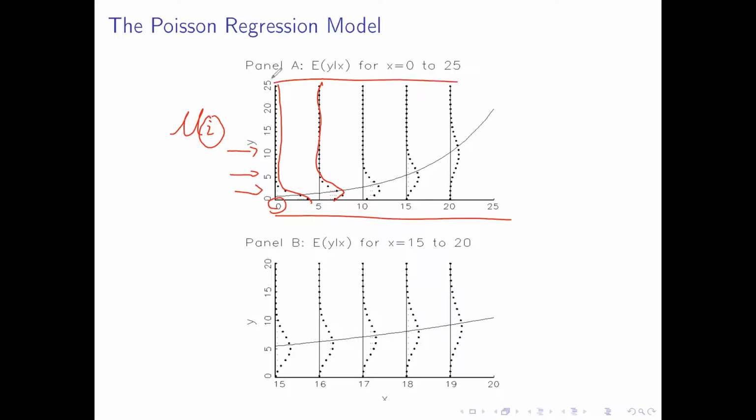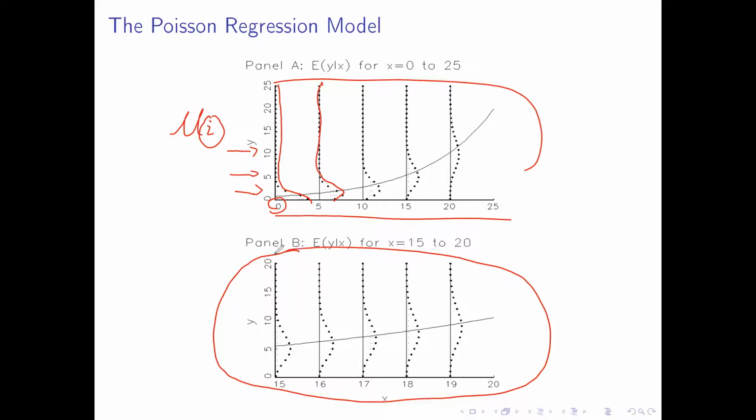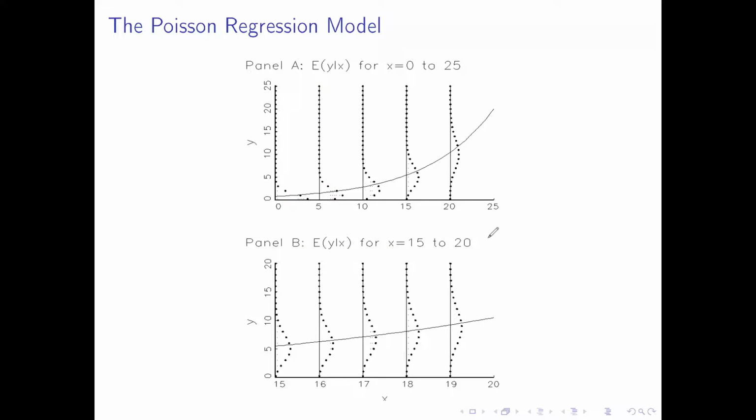In this panel is basically a magnified presentation of the region from 15 to 20, that is 15, 16, 17, 18, 19. Here again, we can see that as x increases, mu also increases, and as mu increases, the probability distribution looks more like a normal distribution.